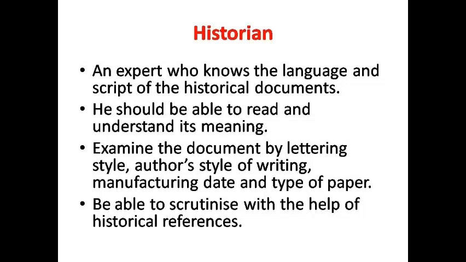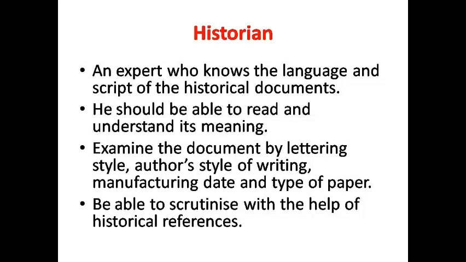He should also know about the author's style of writing, how the writing was done, the manufacturing date of that particular letter or book or document, and also the type of paper on which it is written, what type of paper is used, when was it made, how was it made, what is the material used. All this knowledge should be known to a historian.